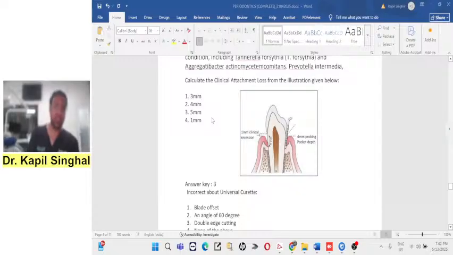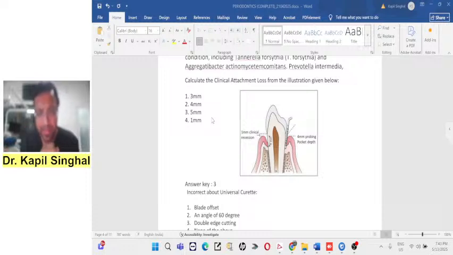Okay, so next was an image based question. Calculate the clinical attachment loss from the illustration given below. Now to understand this, first we need to understand what is clinical attachment loss. So clinical attachment loss is basically the distance from the cemento enamel junction to the base of the pocket. Okay.